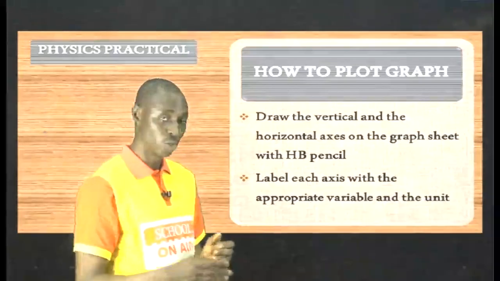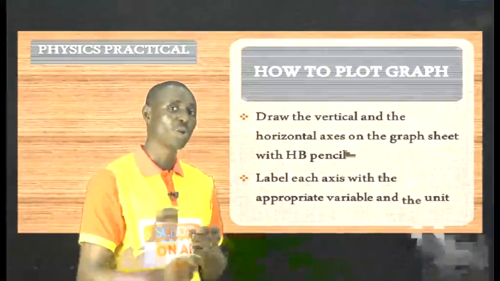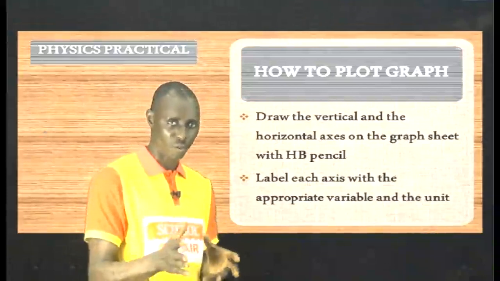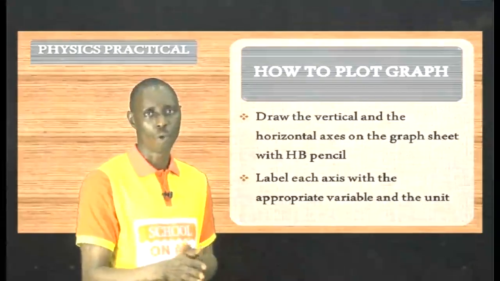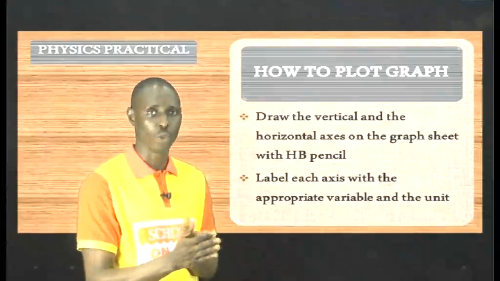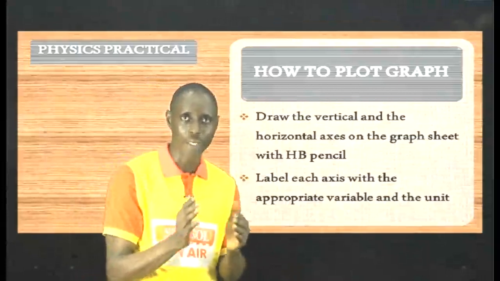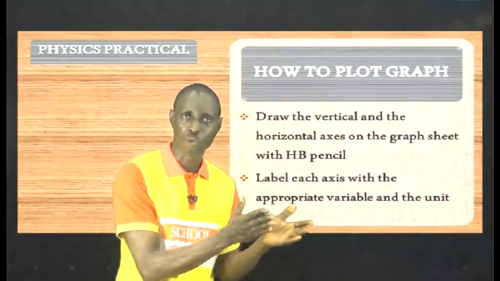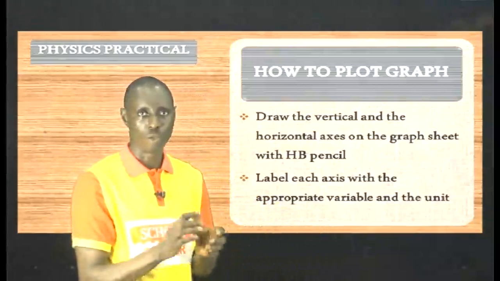More so, before you even plot the graph at all, you must take note that your table will also give you an idea of the kind of graph you will draw. For a graph that has negative parameters, whether on the x-axis, you must know that there will be more space. Your graph is going to cut across to give room for the negative parts of the record, and you have to take note of that.